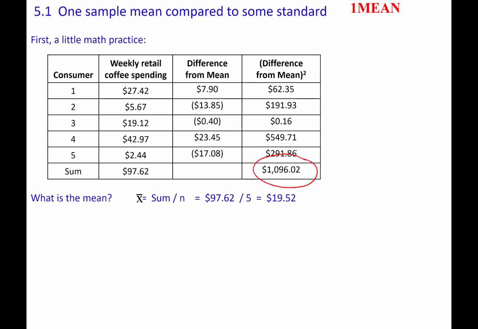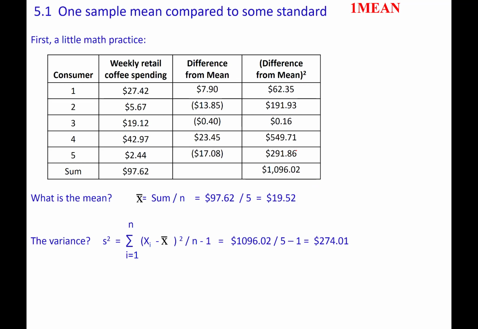Those squared differences are important in helping us capture another index which we call variance, and then subsequently standard deviation. So the variance is taking all those squared differences, the sum of those squared differences is this number here, and dividing by n minus 1 gives us the variance.